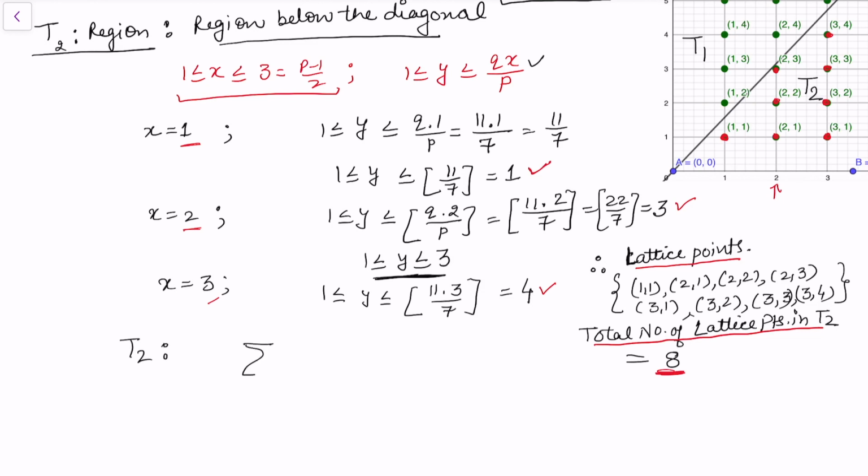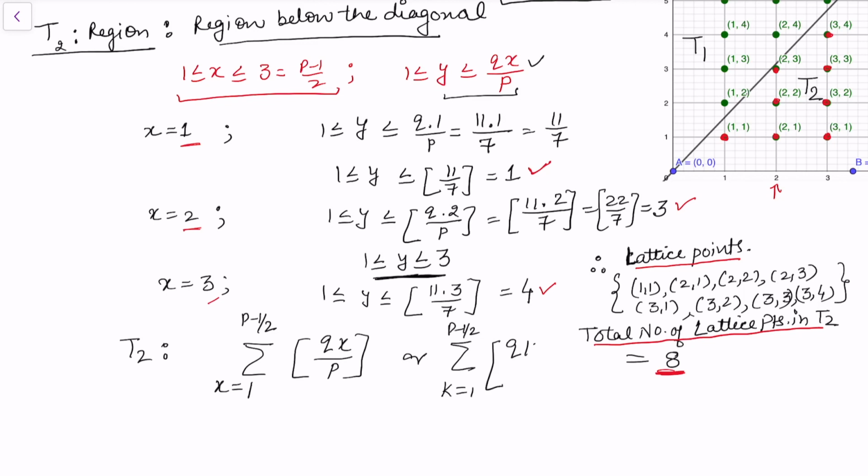I'm going to use this formula, the greatest integer of qx by p. This comes from the upper bound of y, and x varies from 1 to (p minus 1) by 2. Or I may write this as the sum over k from 1 to (p minus 1) by 2 of floor of qk by p. So this is the number of points in the region T2.